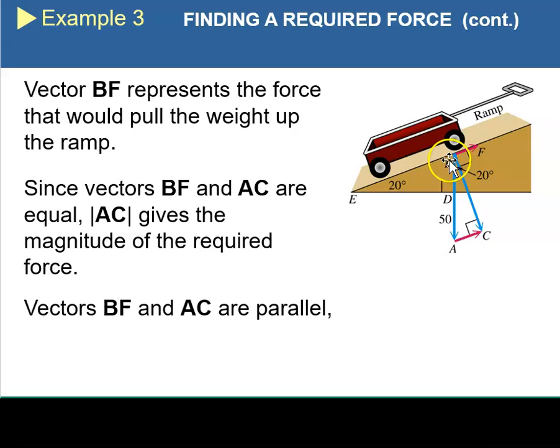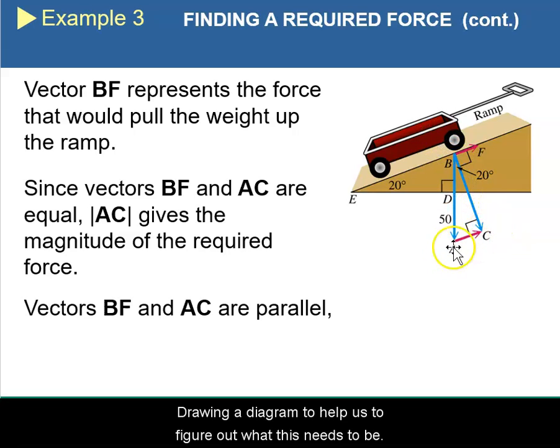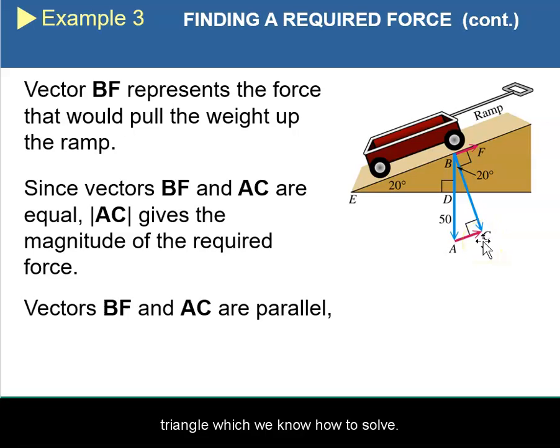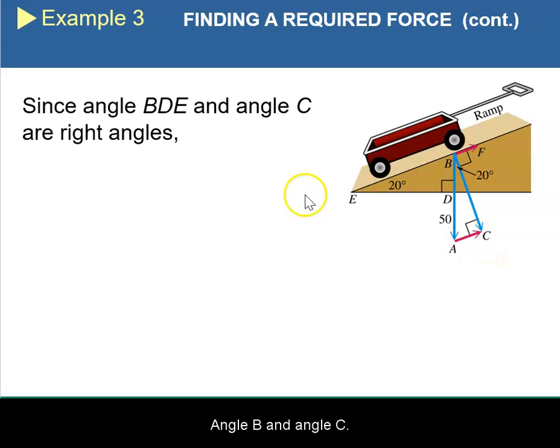We're drawing a diagram to help us figure out what this needs to be, and it's basically just being moved somewhere else into a right triangle, which we know how to solve. Since angle BDE and angle C are right angles, I have two different triangles here.